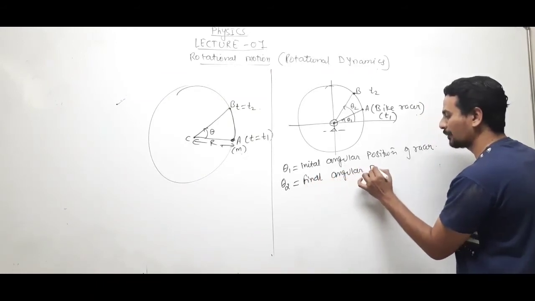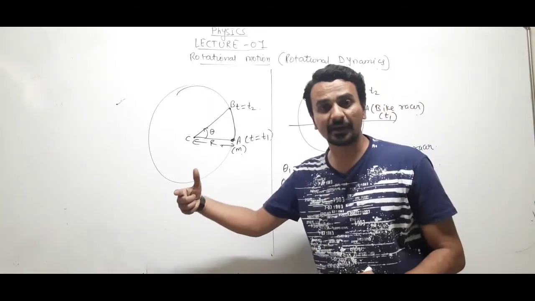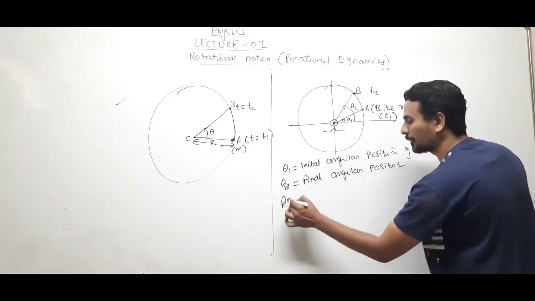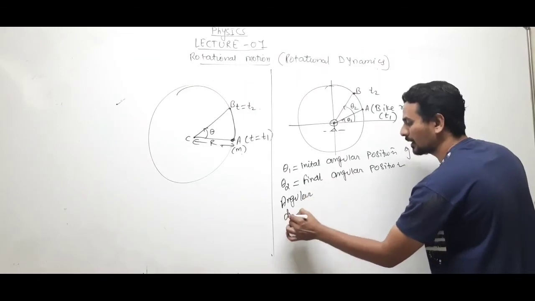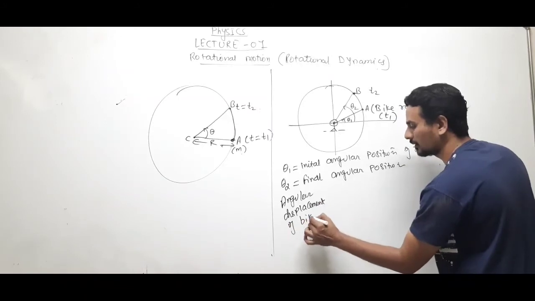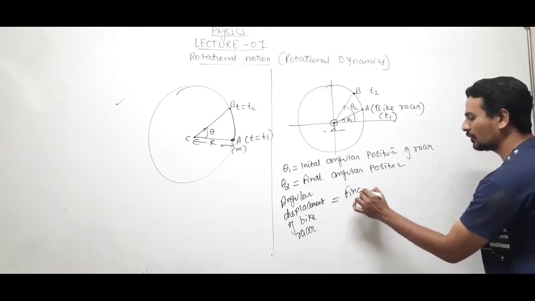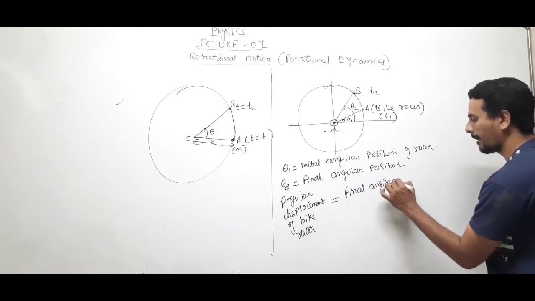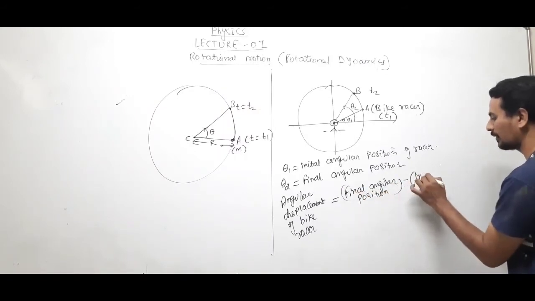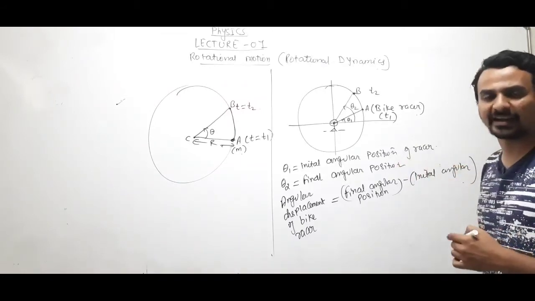So what we studied in linear displacement is final position minus initial position. Similarly, the angular displacement of the bike racer will be equal to the final angular position minus the initial angular position, just as the same definition we used in calculating linear displacement.